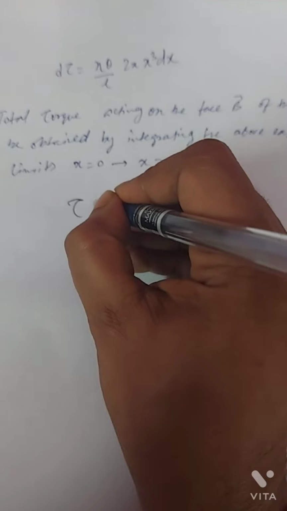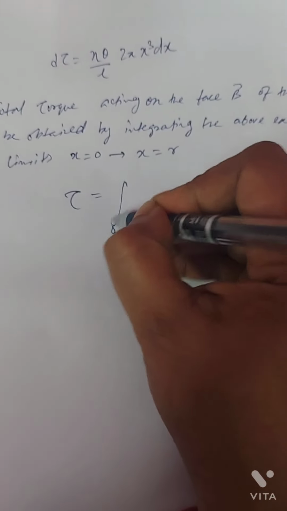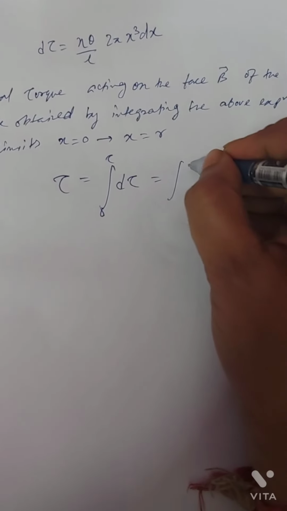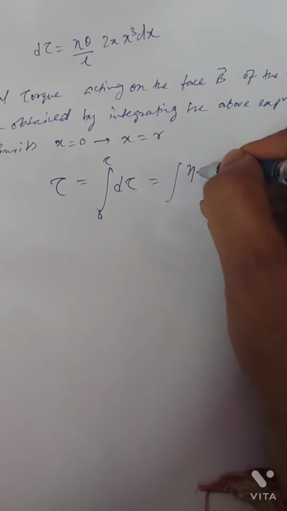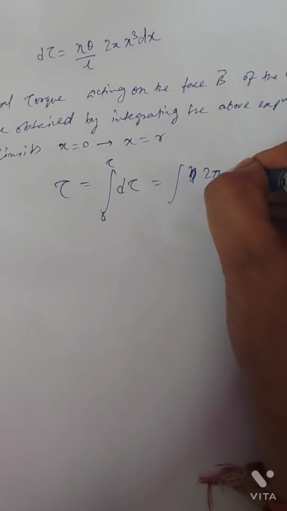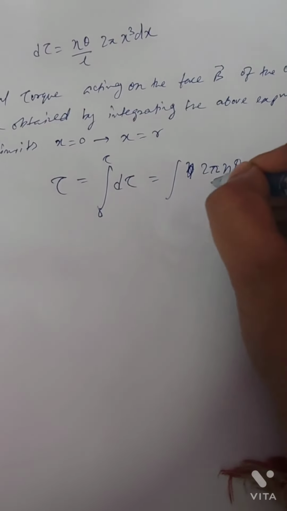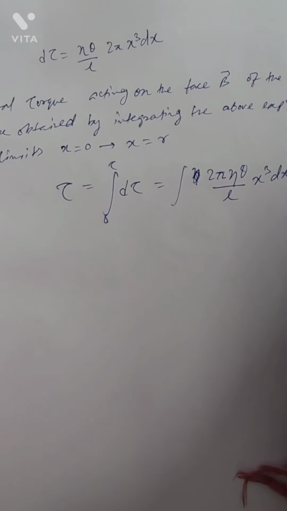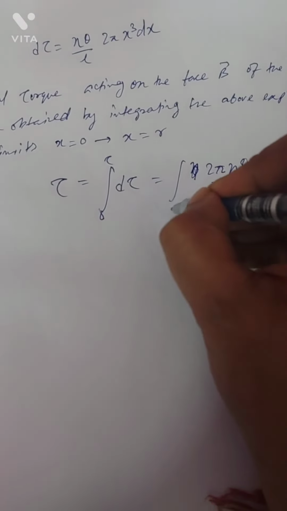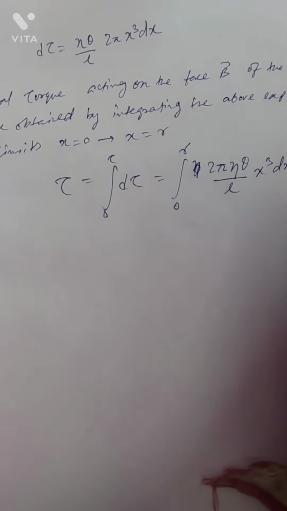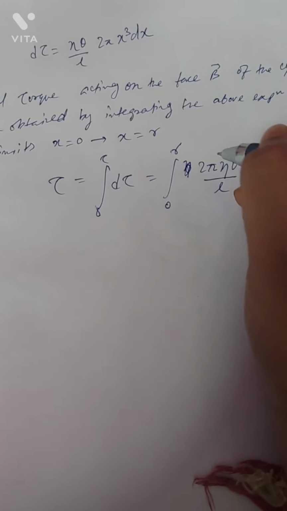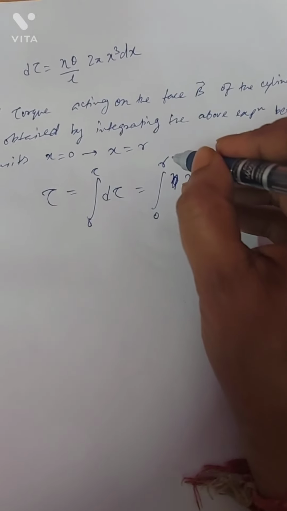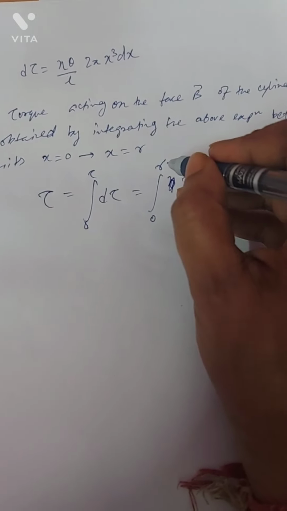So the total torque is given by the integral of d tau, which is twice pi eta theta by L x cube dx, with x changing from 0 to r. R is the radius of the solid cylinder, the cylinder whose torsional couple we need to find.